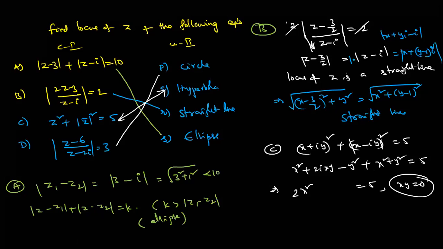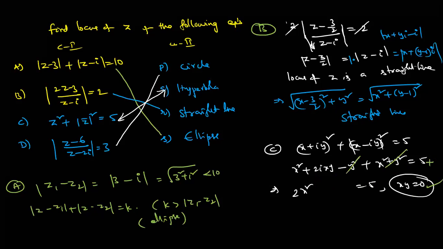A minute, yeah. Second one, see option C. z square plus mod z bar square. Yeah, fine, now what result is coming? Check it. z square is x square plus 2ixy minus y square. Okay, correct. This one, modulus means x square plus y square. Okay, y square cancels, 2x square is equal to 5, and xy is equal to 0.